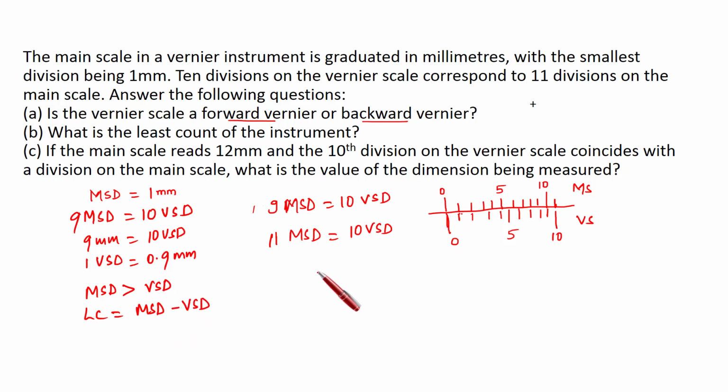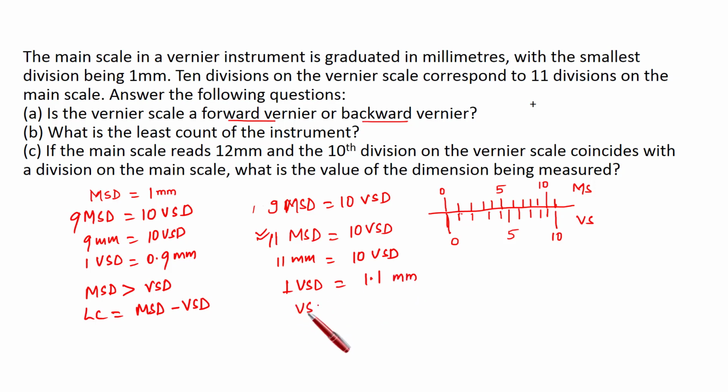vernier scale division. Clear? But in the second case, you look at here, there are 11 main scale divisions that is equal to 10 vernier scale divisions. That means 11 mm is equal to 10 vernier scale divisions, right? So 1 vernier scale division will be 1.1 mm. So main scale division is 1 mm, vernier scale division is 1.1 mm.